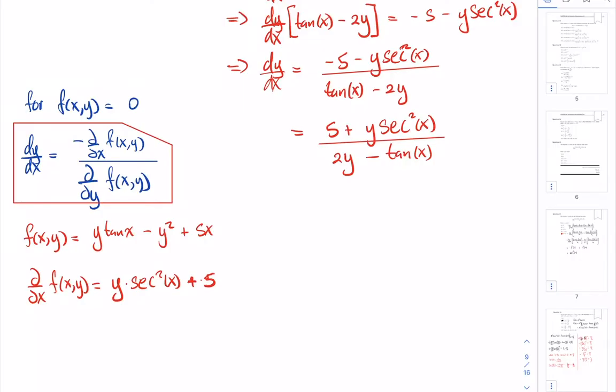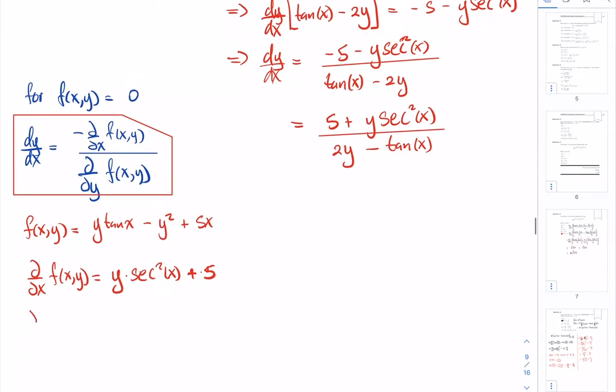So here we have our partial derivative with respect to x. Now we need our partial derivative with respect to y of f of xy, where we're going to treat all the terms in x as a constant. So that means we end up with tan of x minus 2y.